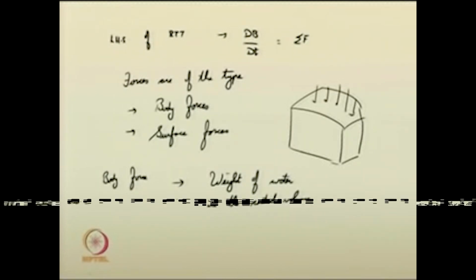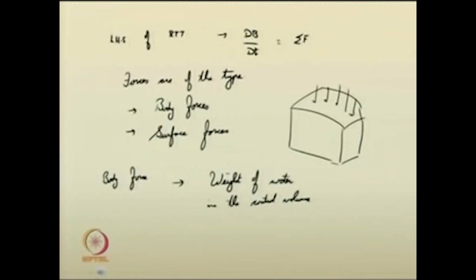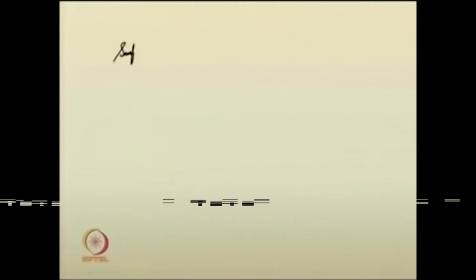Surface forces in the control volume may be developed due to friction, and may also be developed due to pressure exerted by the adjacent liquids on the walls of the control volume, or on the control surfaces. We have to take into account all these forces and obtain the net force.